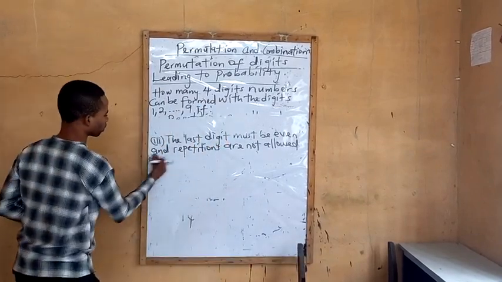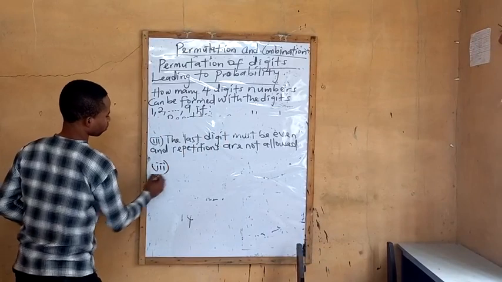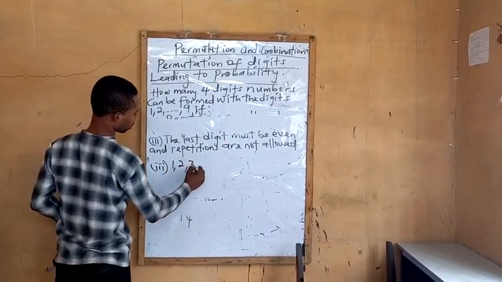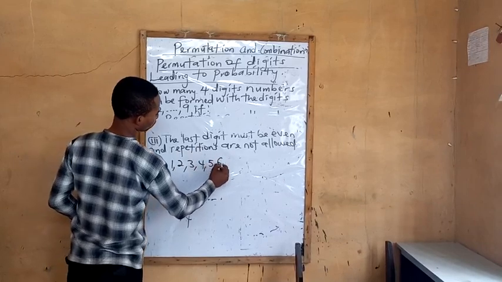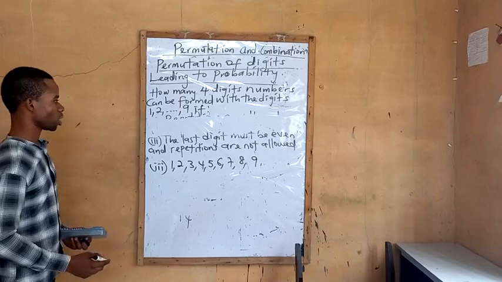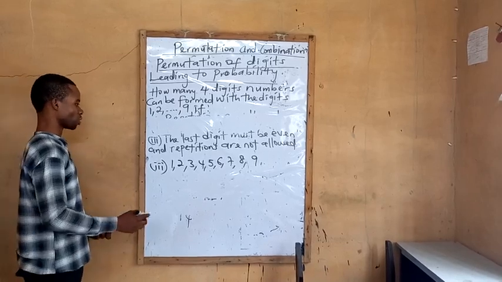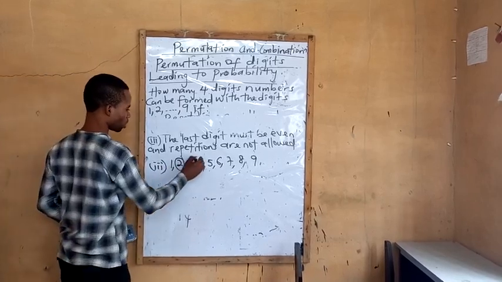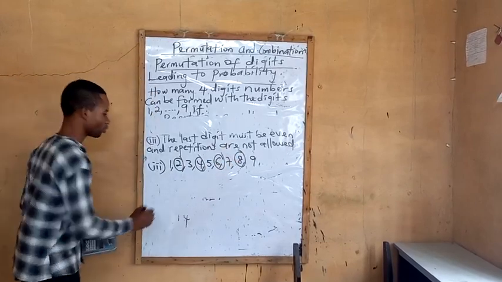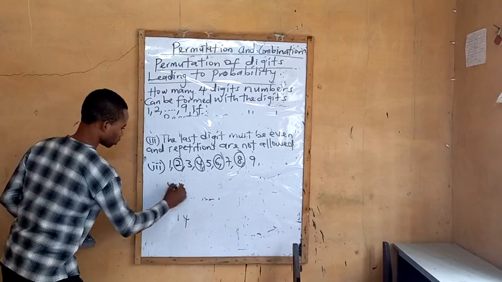If you look at Roman figure 3, we have 9 numbers: 1, 2, 3, 4, 5, 6, 7, 8, 9. And they said the last digit must be an even number. How many even numbers do we have? We have 1, 2, 3, 4. We have 4 even numbers. So 4 times.